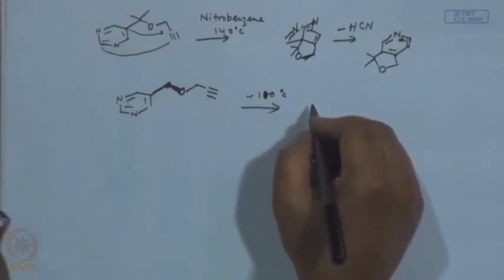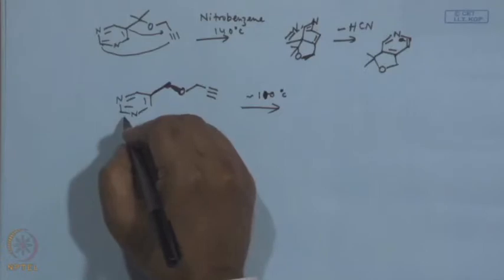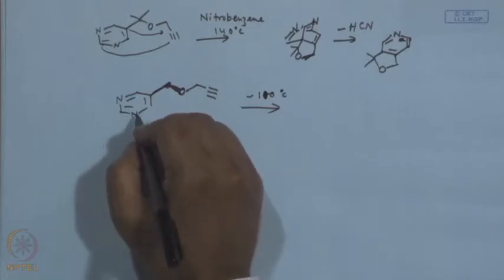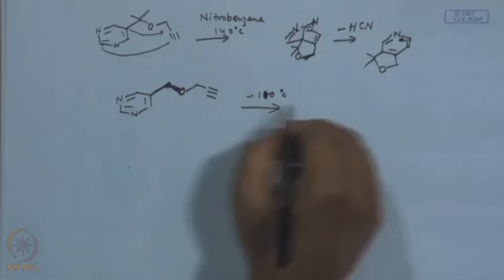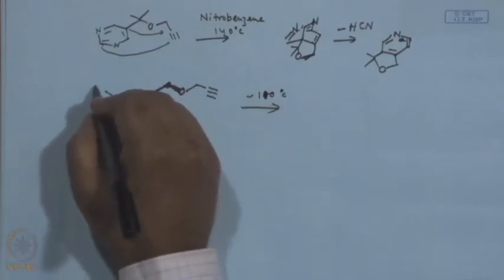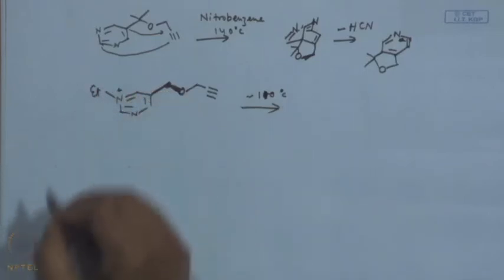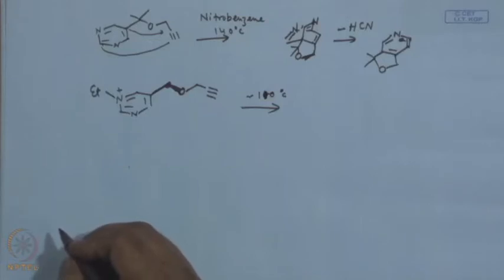What else can you think? That means, like Abhishek said a few minutes ago, you have to make it a little electron deficient, then we have to use a Lewis acid. Other than the Lewis acid, in this example what they did was they quaternized this nitrogen, that is it.